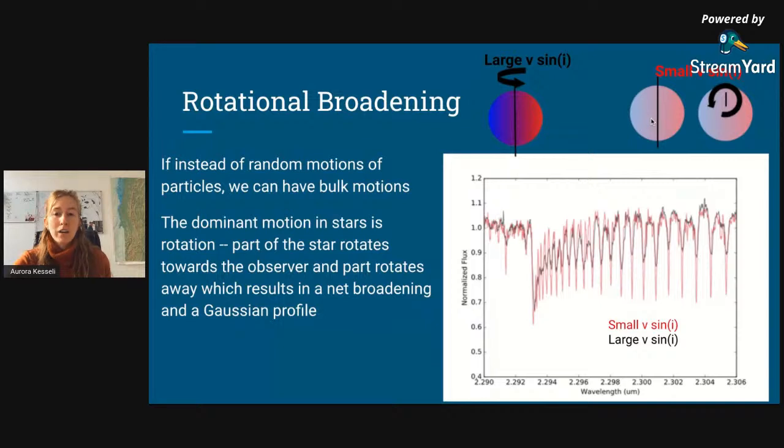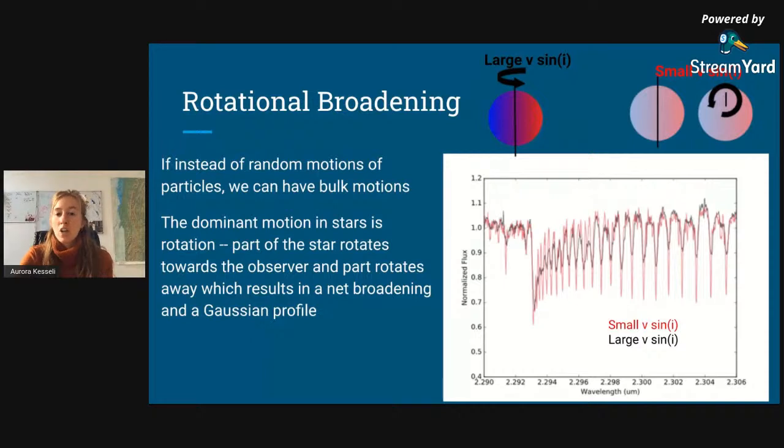You're going to get a small rotational velocity from a star that is spinning slowly. If the star is not spinning as fast, you're going to get less of a red shift over here and less of a blue shift over here, even if the rotation axis is perpendicular to our line of sight. But you're also going to get a small rotational broadening if the rotation axis is along our line of sight, because even though the star is moving very quickly, none of it is towards us or away from us.